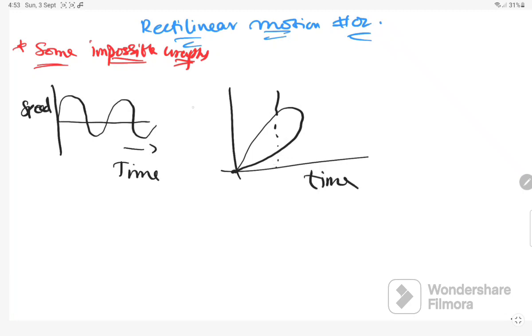The graph is like this. Starting from origin, ending at origin, and I want displacement at this point. So at this point displacement will be 0. So technically we cannot find out the answer here. Is it clear everyone? So this graph is also impossible to be practical.